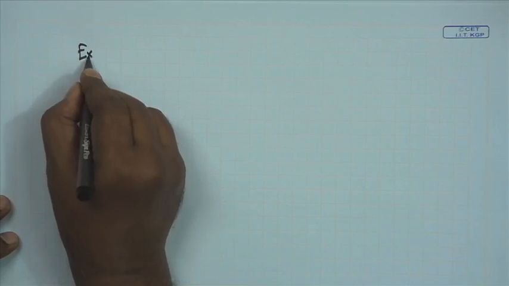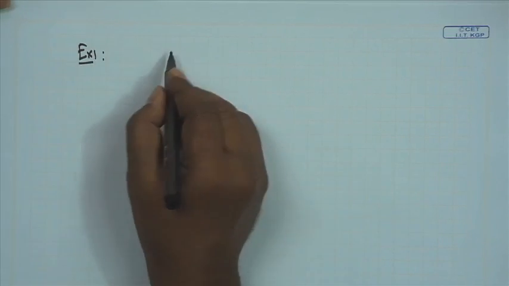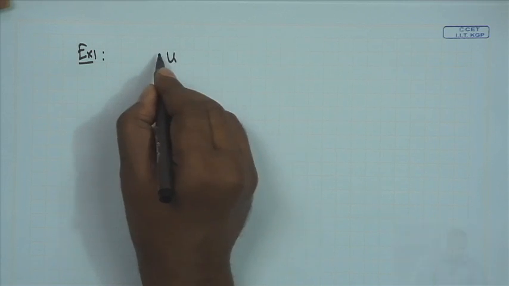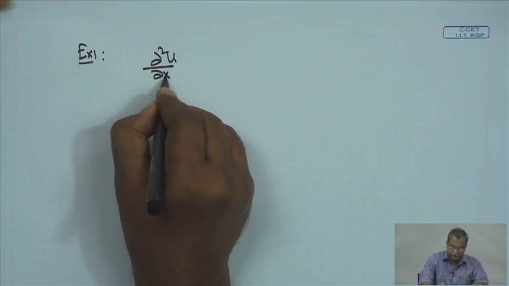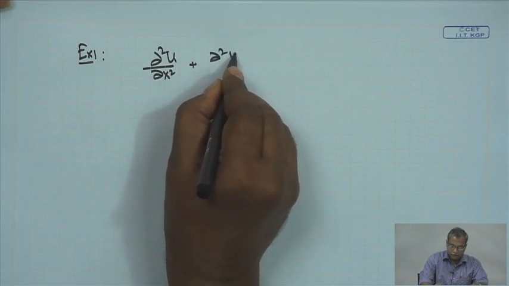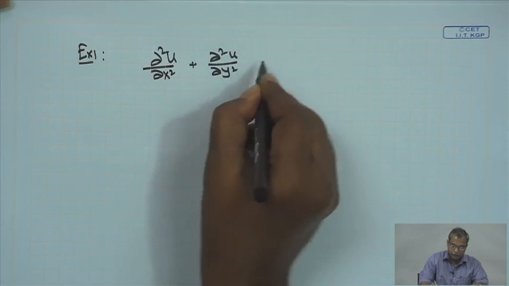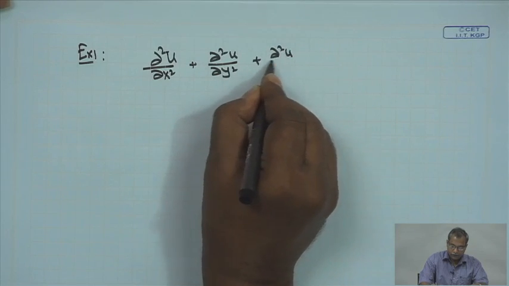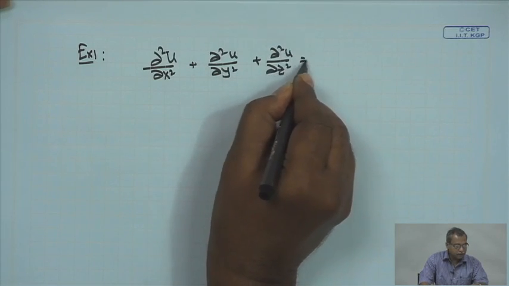Now, we will be going through some examples in order to explain this further. So, the first example I will be taking will be an equation like del square u del x square plus del square u del y square plus del square u del z square is equal to 0.